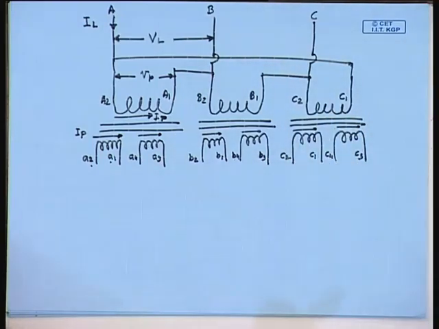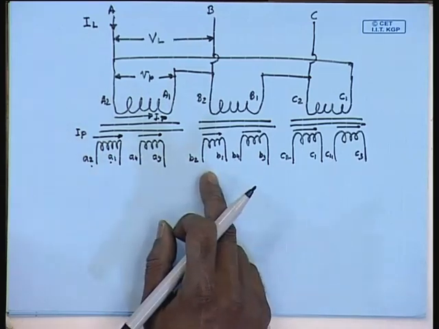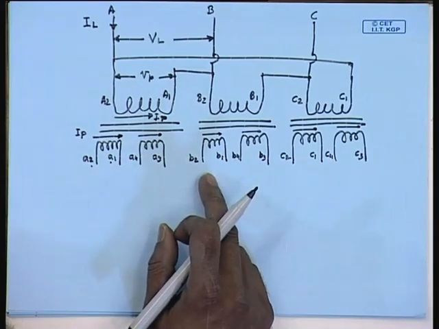In order to make a zigzag connection, what is done is one of these sets of windings are star connected.